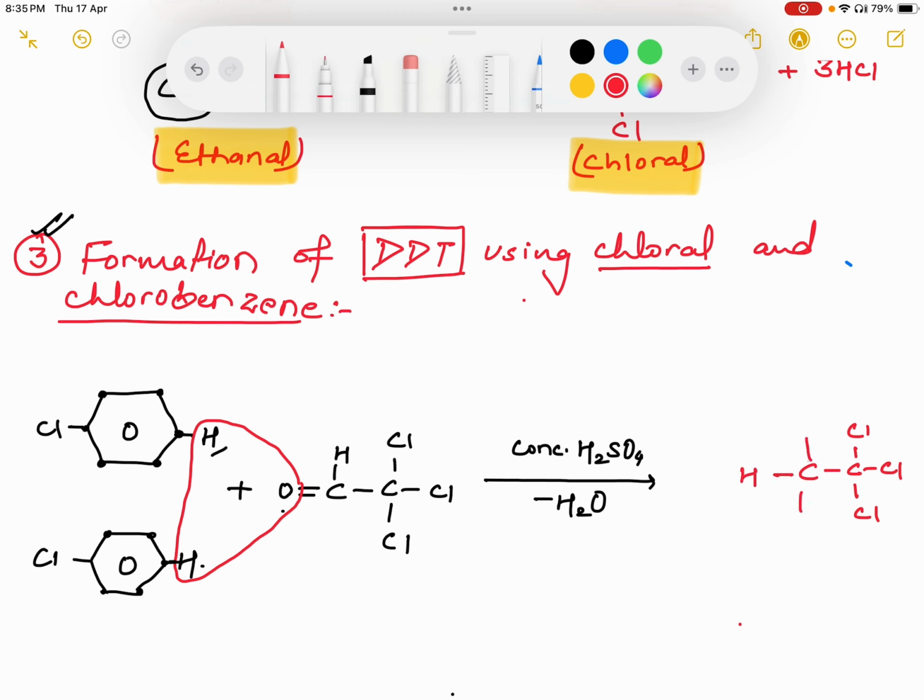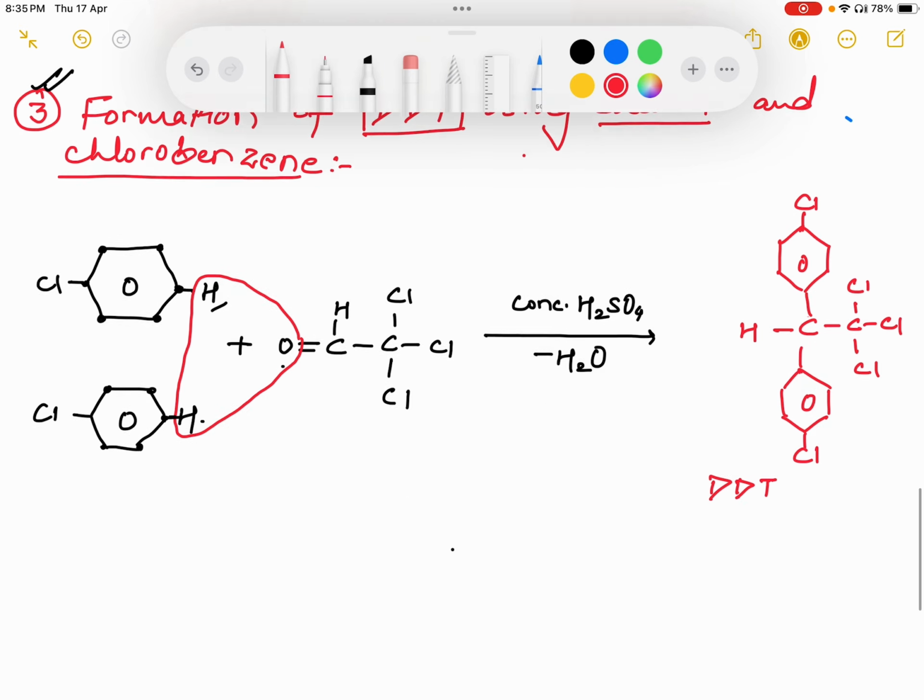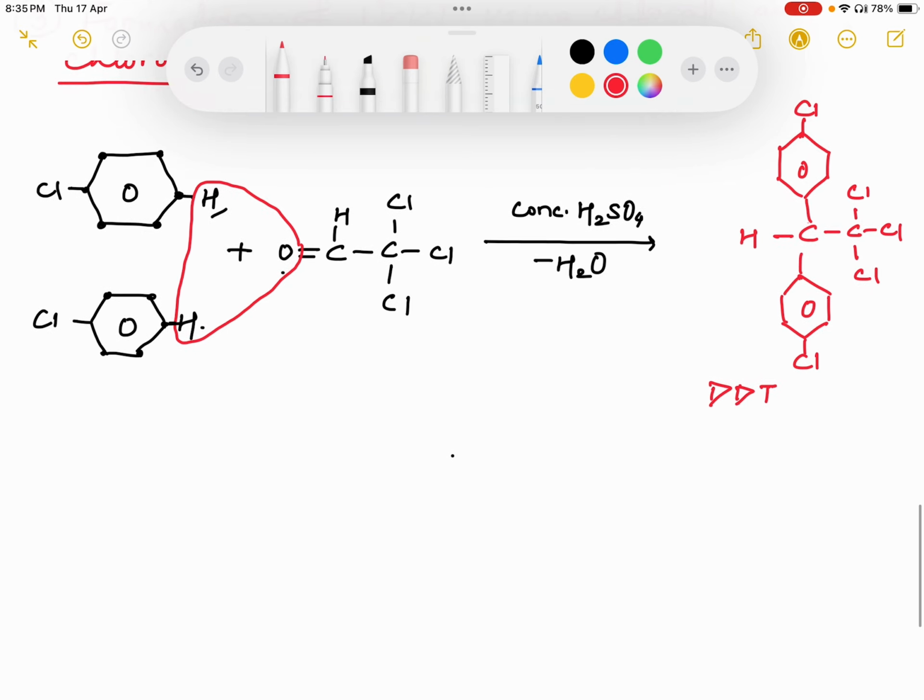One of the chlorobenzene is up over here, it seems something like this. One chlorobenzene came here and the other chlorobenzene came here. And this is what we call DDT, or simply mark it as DDT.